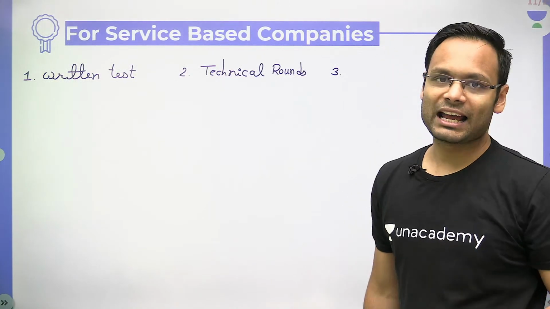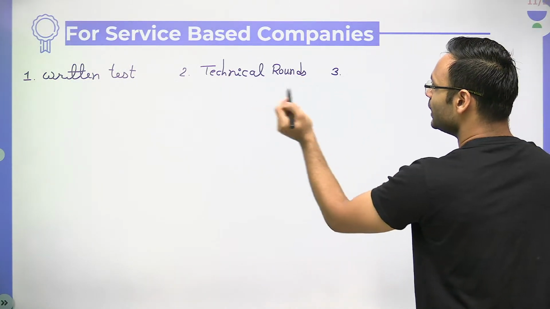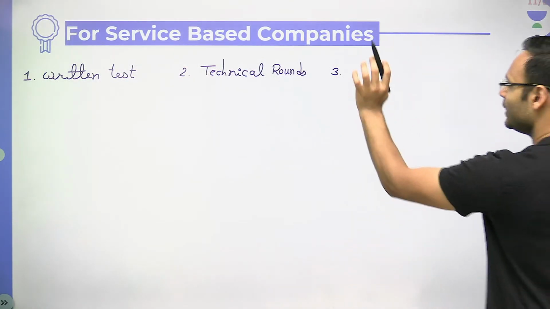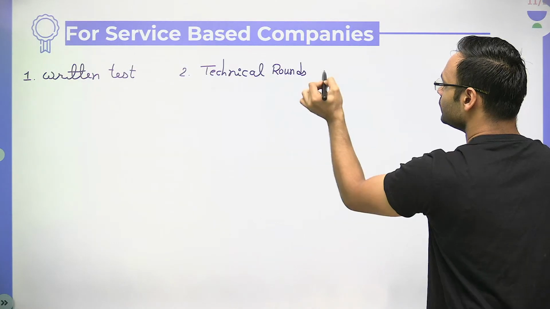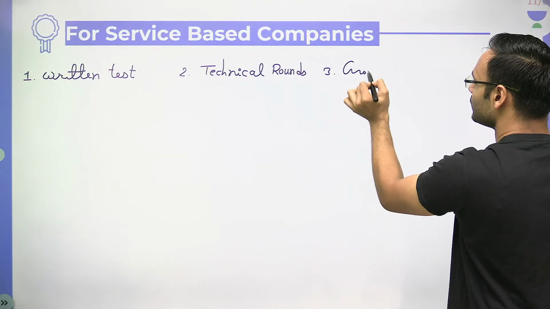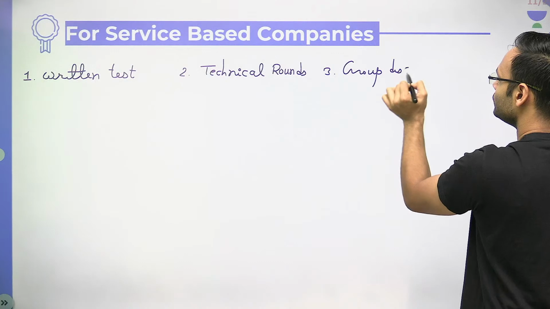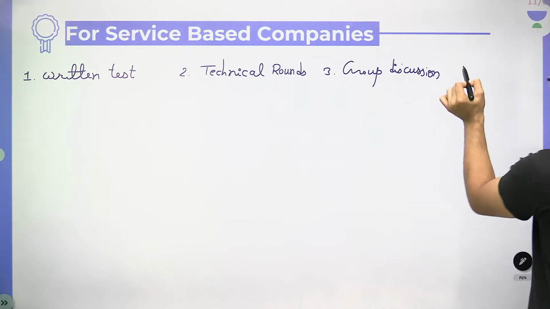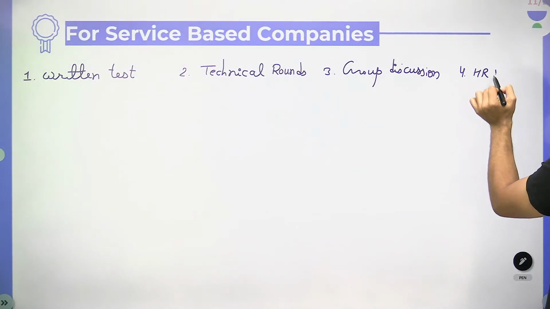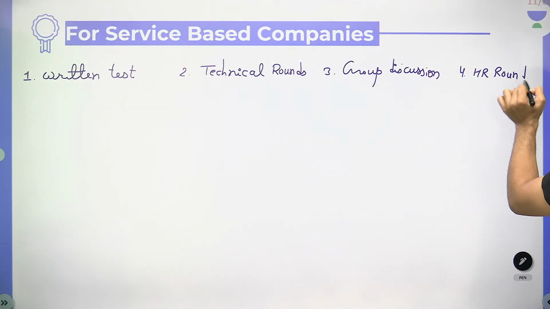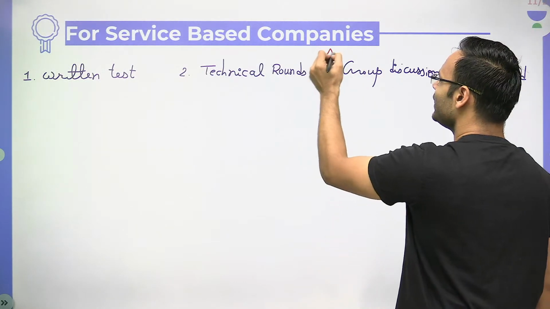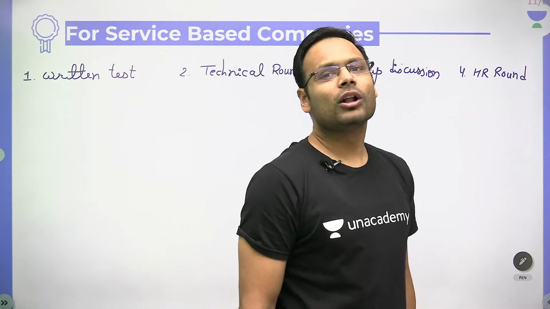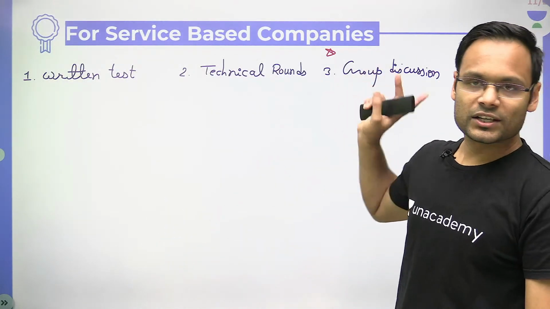Some of the companies are having this, which is the GD, group discussion. And one last, fourth, which is HR round. This is not mandatory in all the companies. That's why I have marked it with a star. Okay. Not all the companies are having this group discussion round.